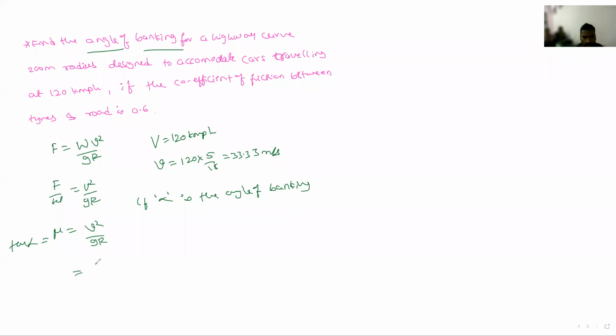V is 33.33 square divided by g, which is 9.81, and R is given as 200 meters. So this is equal to 0.566. Then alpha is equal to tan inverse of 0.566. How much is it? Alpha is equal to?